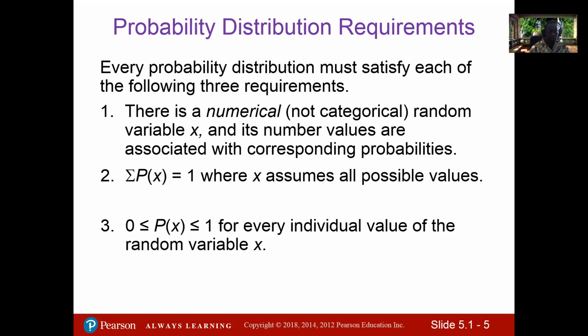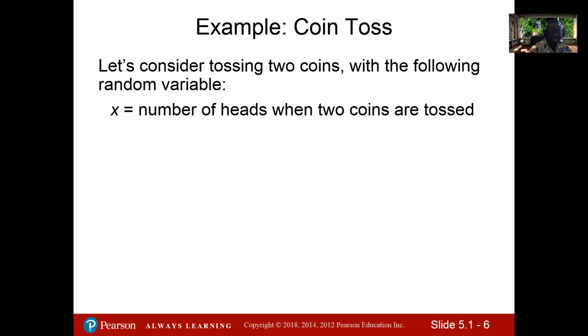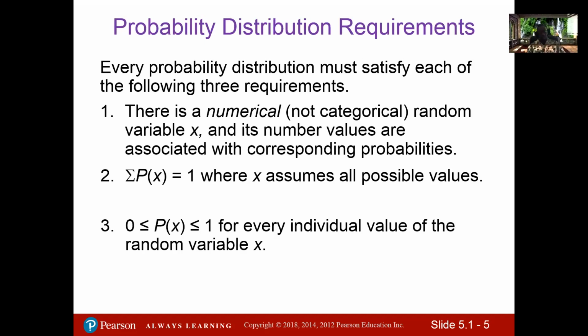And then, of course, for each value of the random variable, the probability is between 0 and 1, as I mentioned before. So there are three requirements for a table to represent a probability distribution for a discrete random variable. Even for a continuous random variable, it is the same thing.